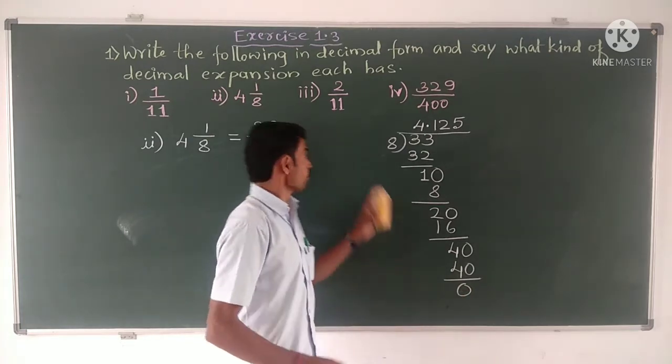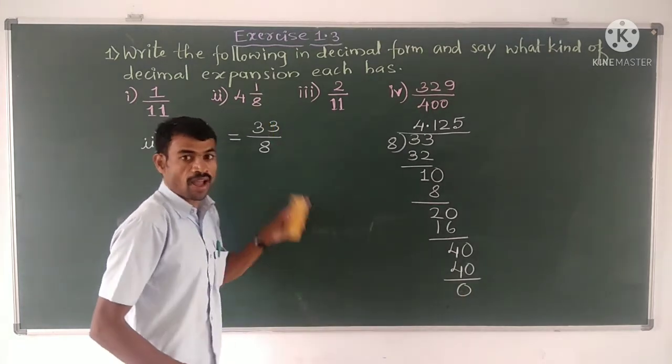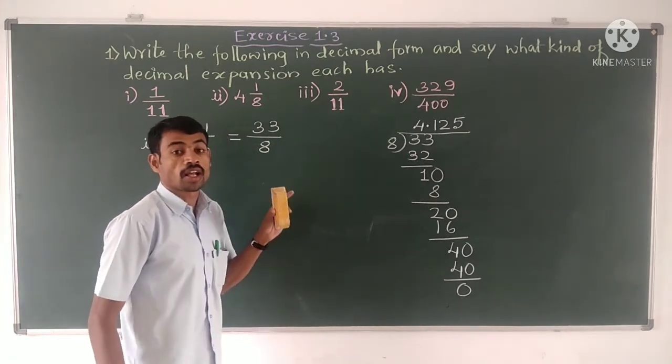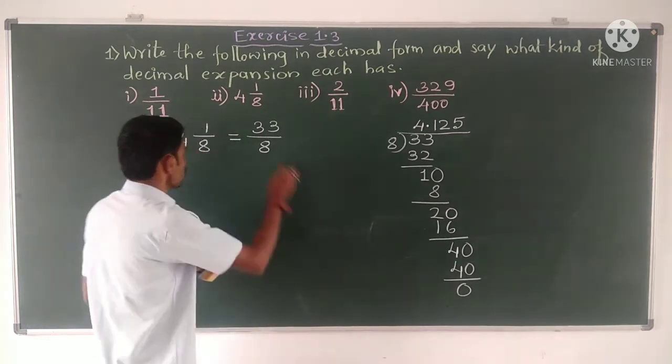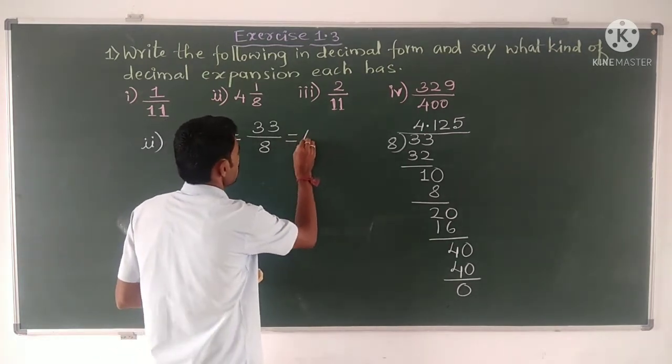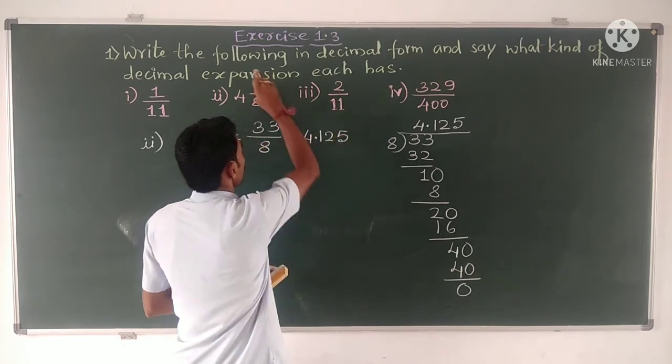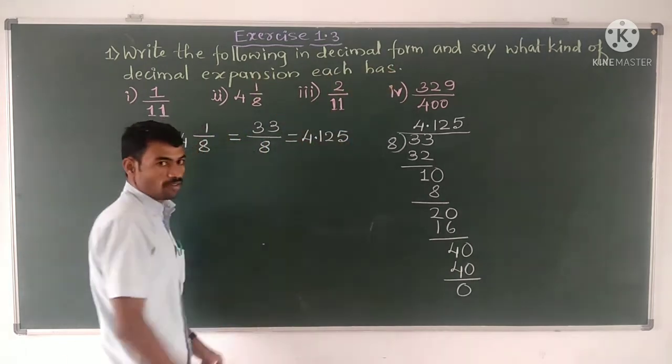Then we can say this rational number has what type of decimal expansion? Terminating. So this can be written as 4.125. We have written this in decimal form.